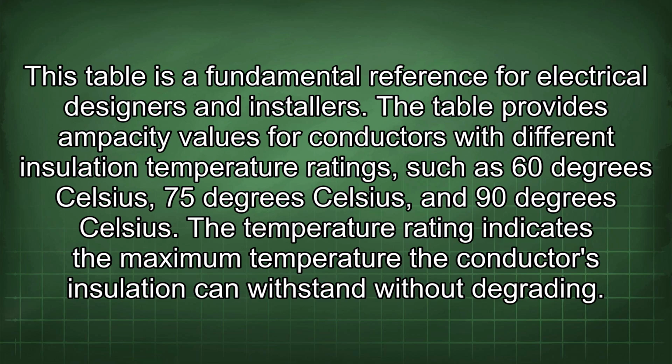The table provides ampacity values for conductors with different insulation temperature ratings, such as 60 degrees Celsius, 75 degrees Celsius, and 90 degrees Celsius. The temperature rating indicates the maximum temperature the conductor's insulation can withstand without degrading.